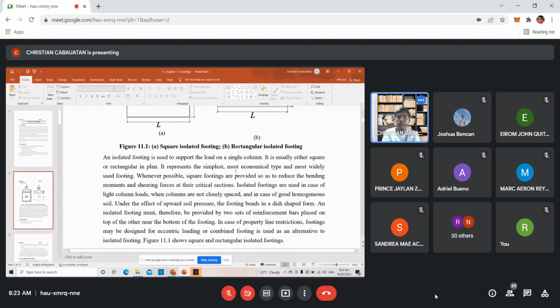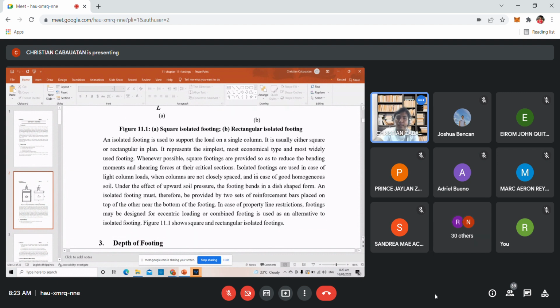Or you can use a combined footing. So, in figure 11.1, nasa taas, it shows the square and the rectangular isolated footing.